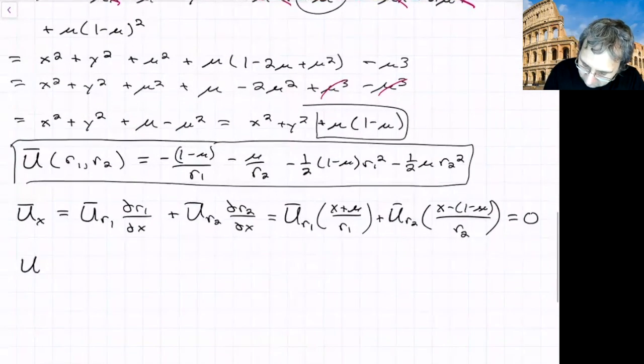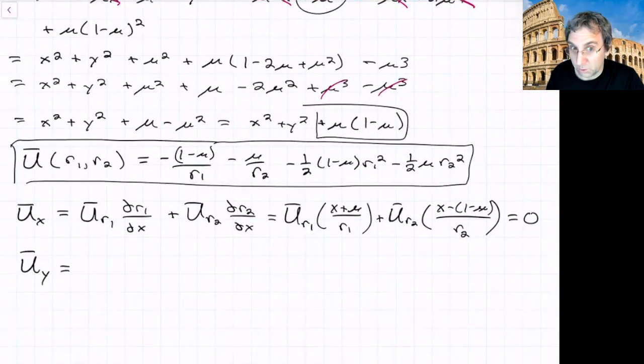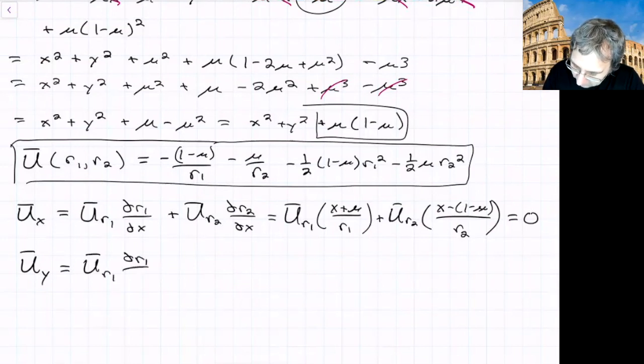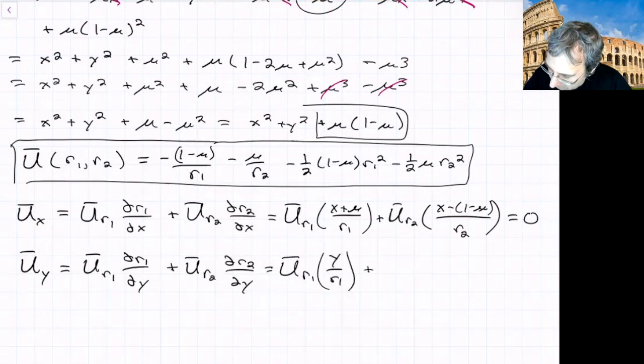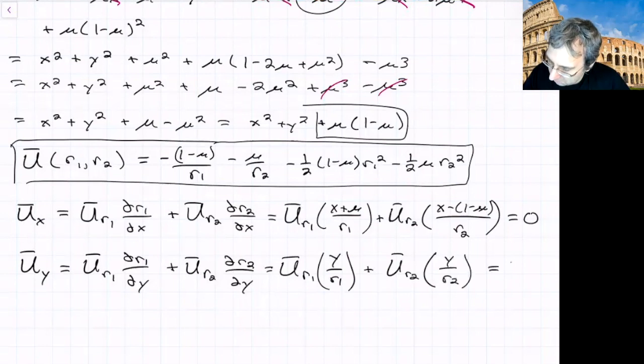We do something similar, writing partial U bar, partial Y, and it'll look very similar. It's now partial R1 partial Y, plus U bar R2 partial R2 partial Y. This is U bar R1 times Y over R1, plus U bar R2 times Y over R2 equals 0.